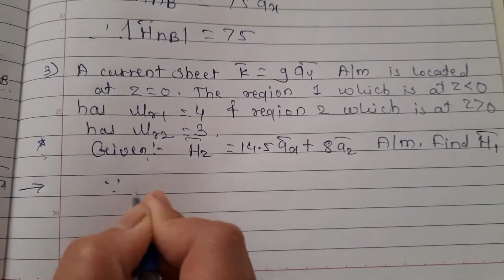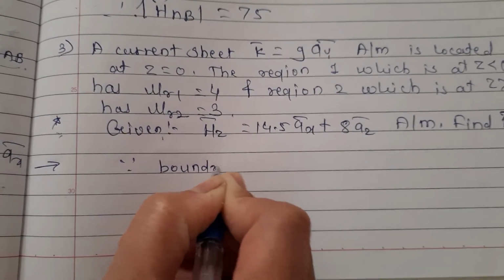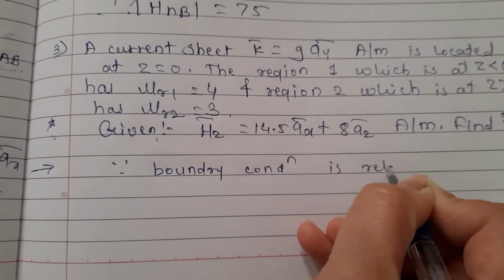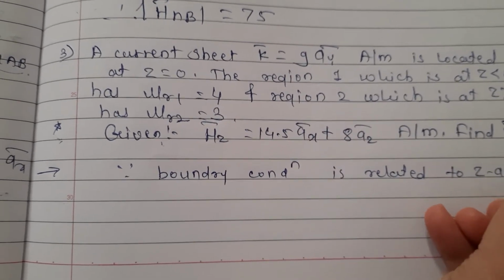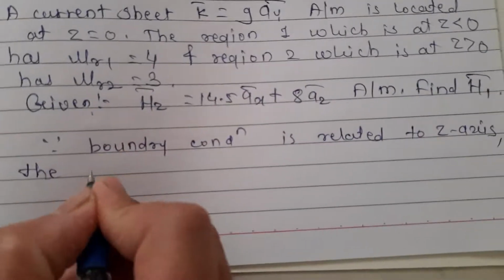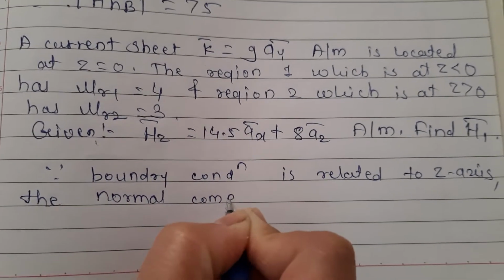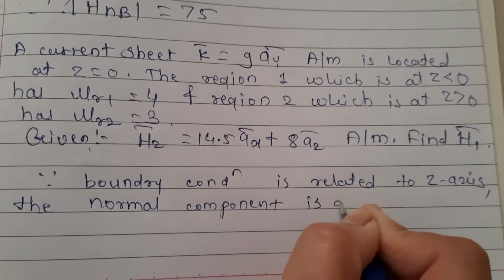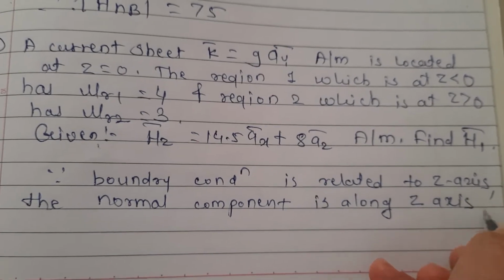We write here: since the boundary condition is related to the Z axis, the normal component is along the Z axis.